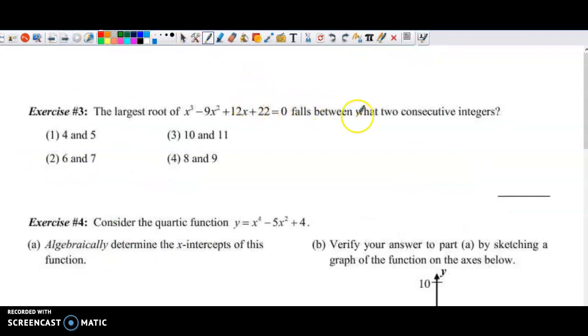So what we could do with the next one is use a graphing calculator to find where the largest, so largest is furthest to the right, root is. Remember, a root is an x-intercept, and all we know is that it's between 2 consecutive numbers.